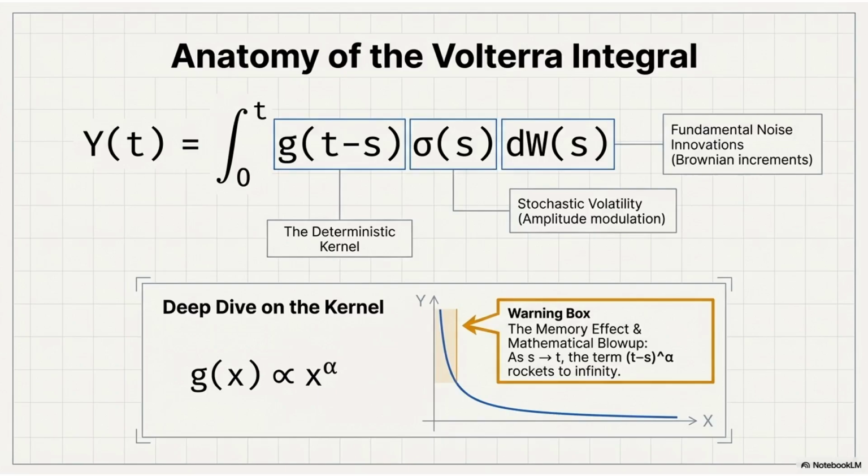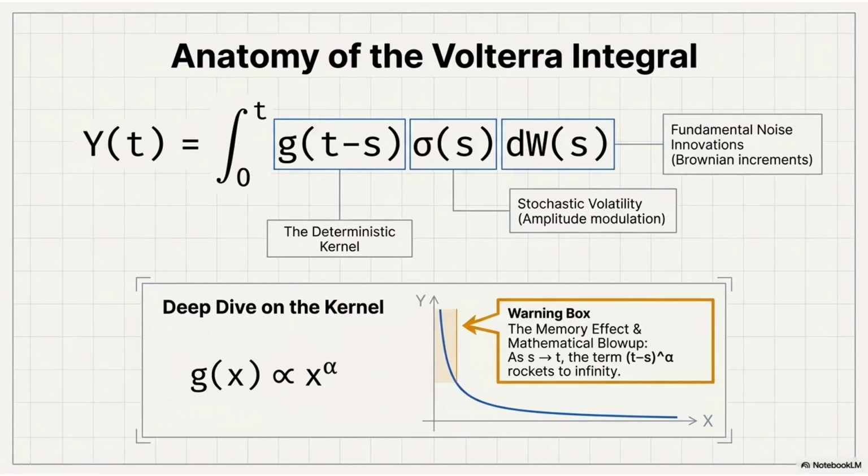But there is a catch. In the rough models, this memory kernel takes the form of a power law, so x to the power of alpha. Because the roughness is negative, as time s approaches the present moment t, the value of the kernel rockets immediately to infinity.